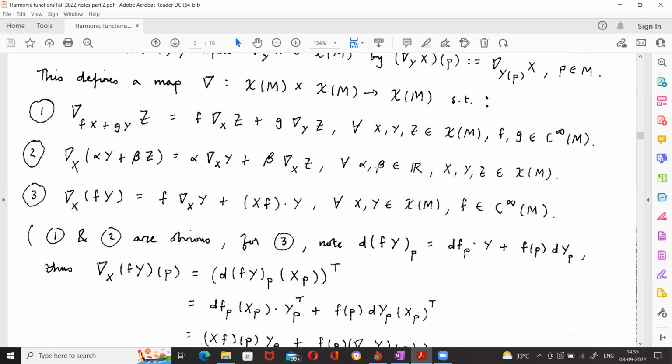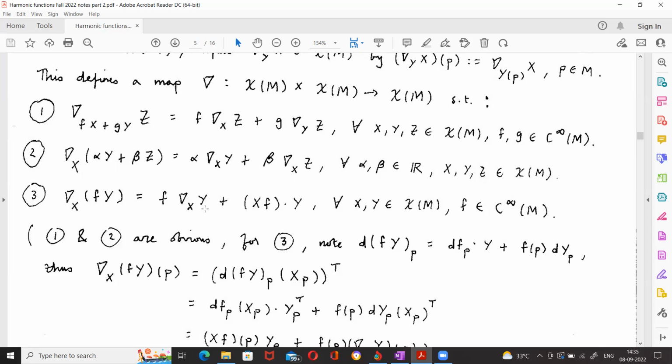So it's R-linear, linear over the real numbers, but it's not linear in the second variable over the functions. If I take nabla_X of a function f times Y, then we have this Leibniz rule. This is equal to f times nabla_X of Y plus the vector field X acting on the function f, times Y.